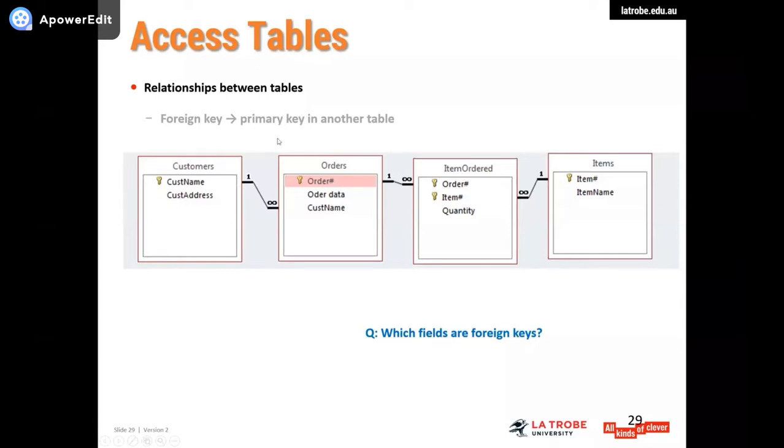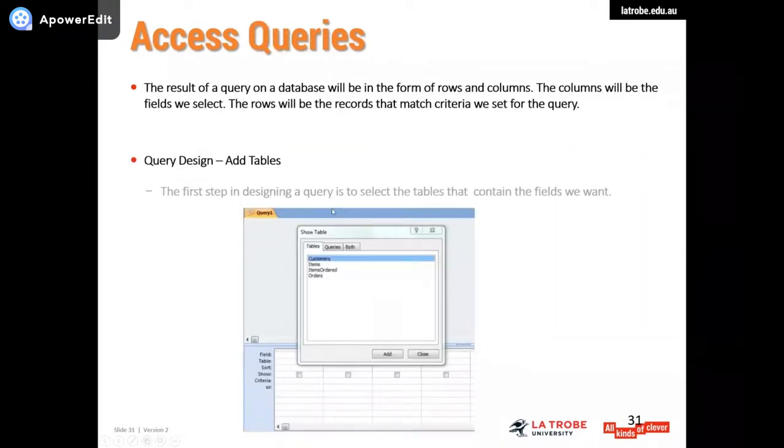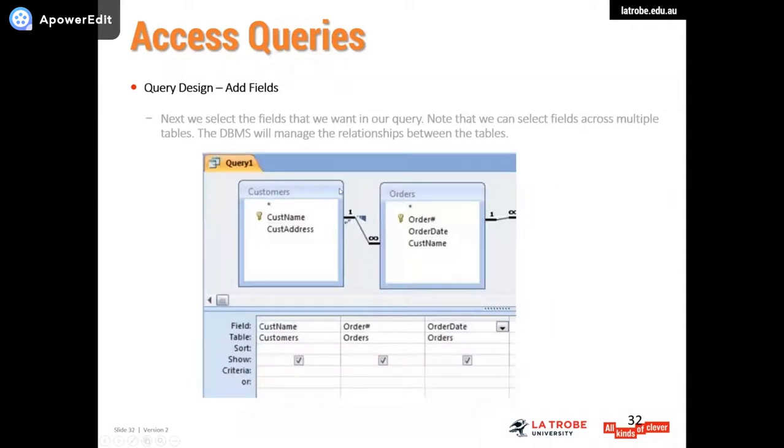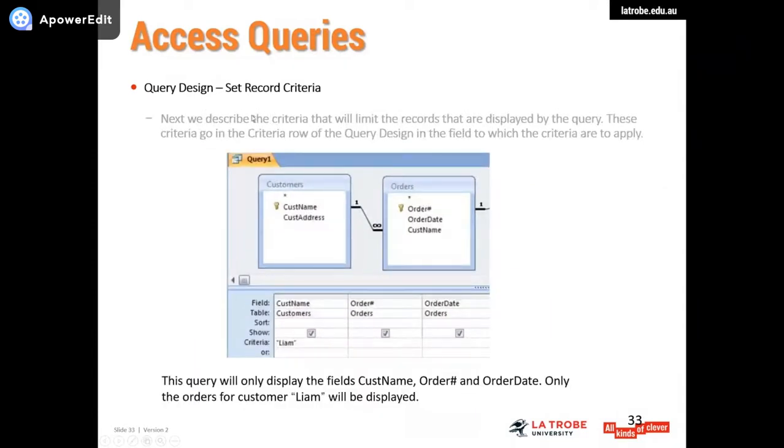That's important. Then for the queries in the database, the most important thing you need to remember is to set the record criteria. For example, if I give you requirements, how can you set this criteria in the database? You should always remember that.